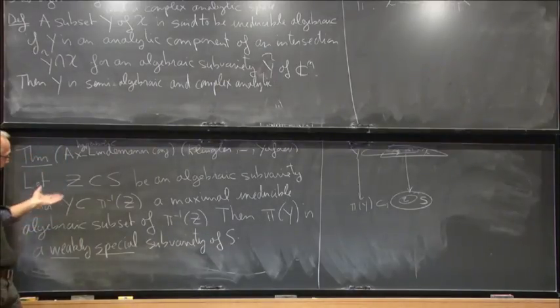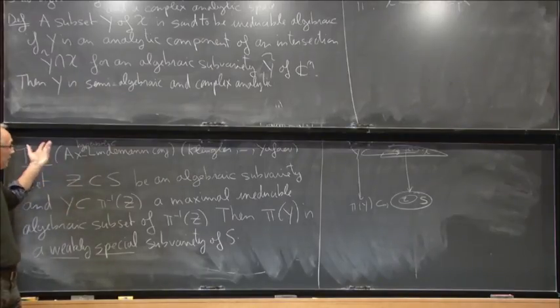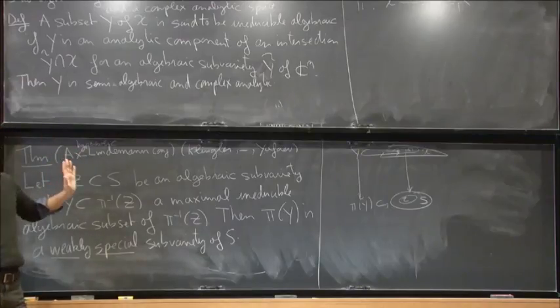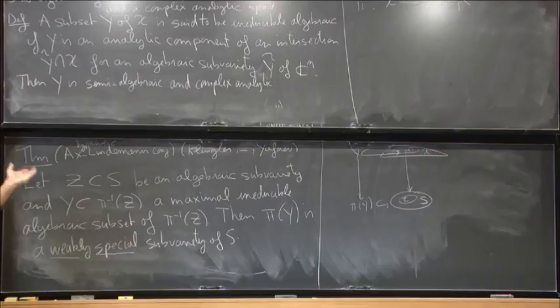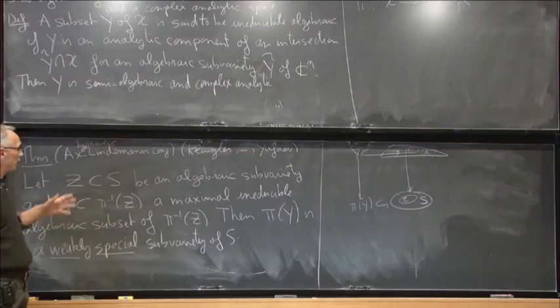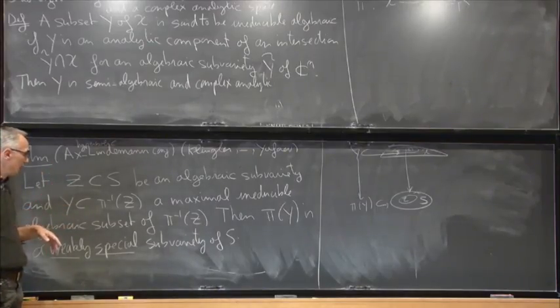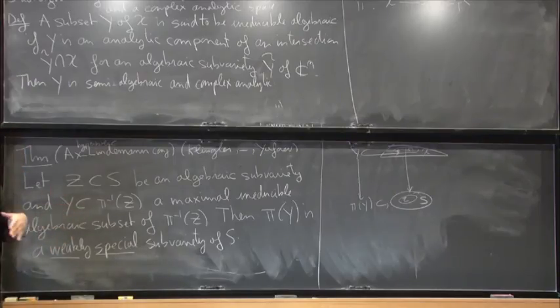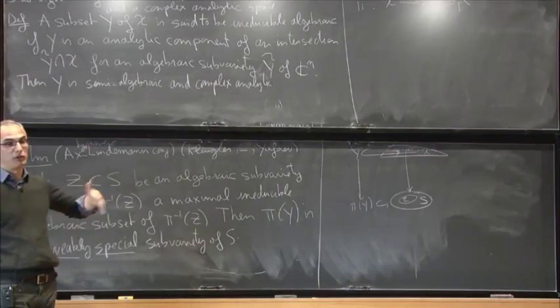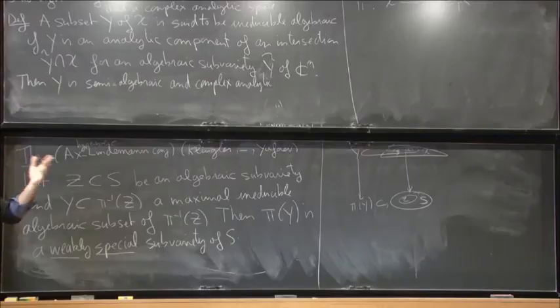And then this is an equivalent form of it. A lot of people call this Ax-Lindemann. I'm not sure it's the right term. It's Ax's theorem. But instead of the usual uniformization by the exponential or product of exponentials, we use the uniformization of a Shimura variety by a Hermitian symmetric space.